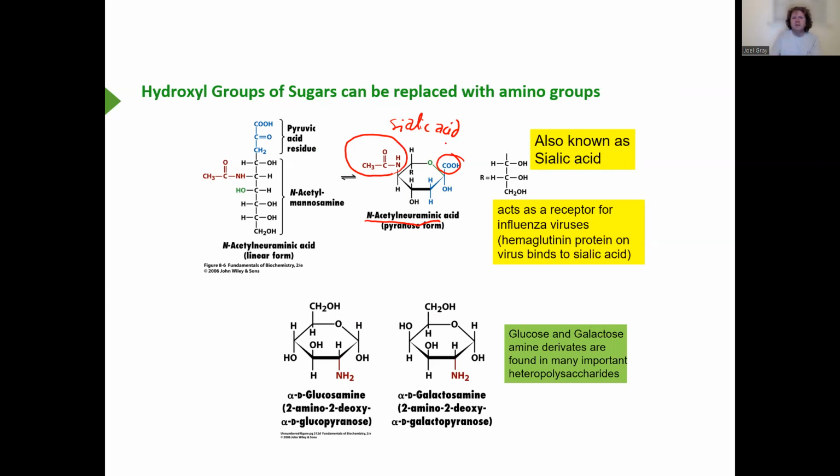And in a little bit less complex of a molecule, you have something like this down here, where you have NH2, an amine, added to carbon number 2 of glucose and carbon number 2 of galactose, making alpha D-glucosamine and alpha D-galactosamine. Carbon number 2 has that amine group.